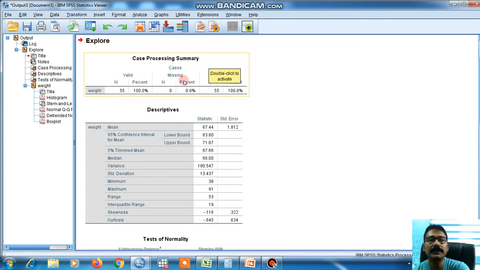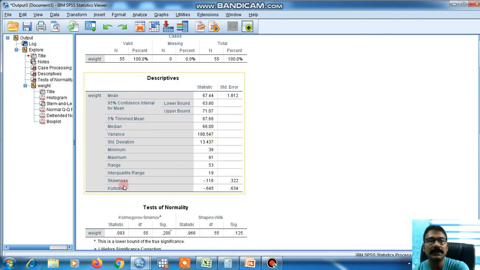Okay, so the case processing summary, the first table: number of valid cases, number of missing cases. No missing cases are there, total number 55, n is 55. Now the descriptive statistics: mean, median, variance, standard deviation, all these values are given, but we have to consider the skewness measure. The statistic is minus 0.116 and the standard error 0.322. So we divide minus 0.116 by 0.322 and check whether this value falls within the range of minus 1.96 to plus 1.96.